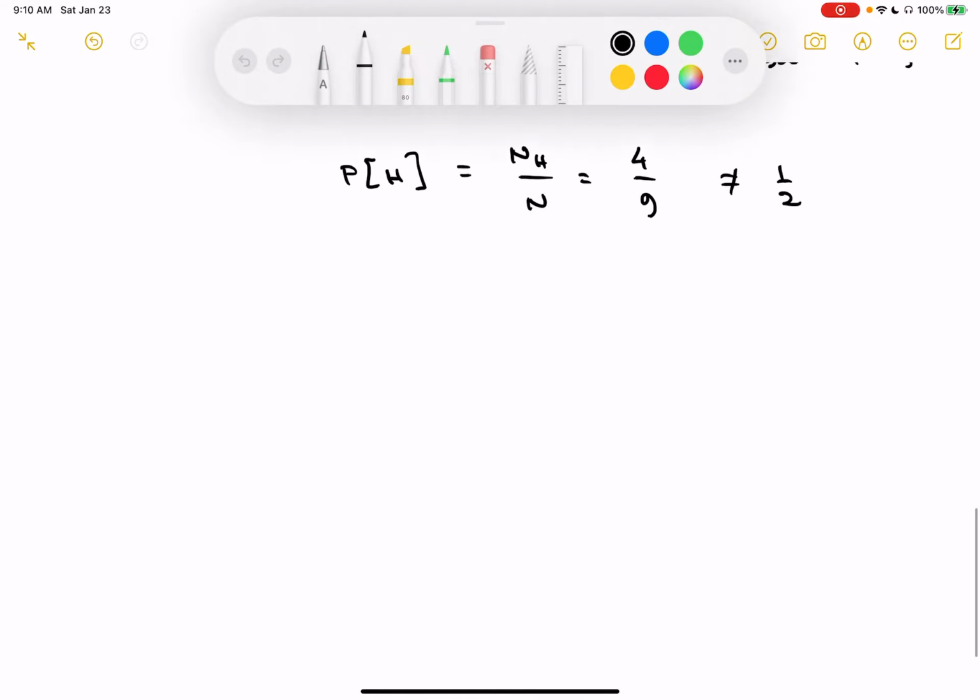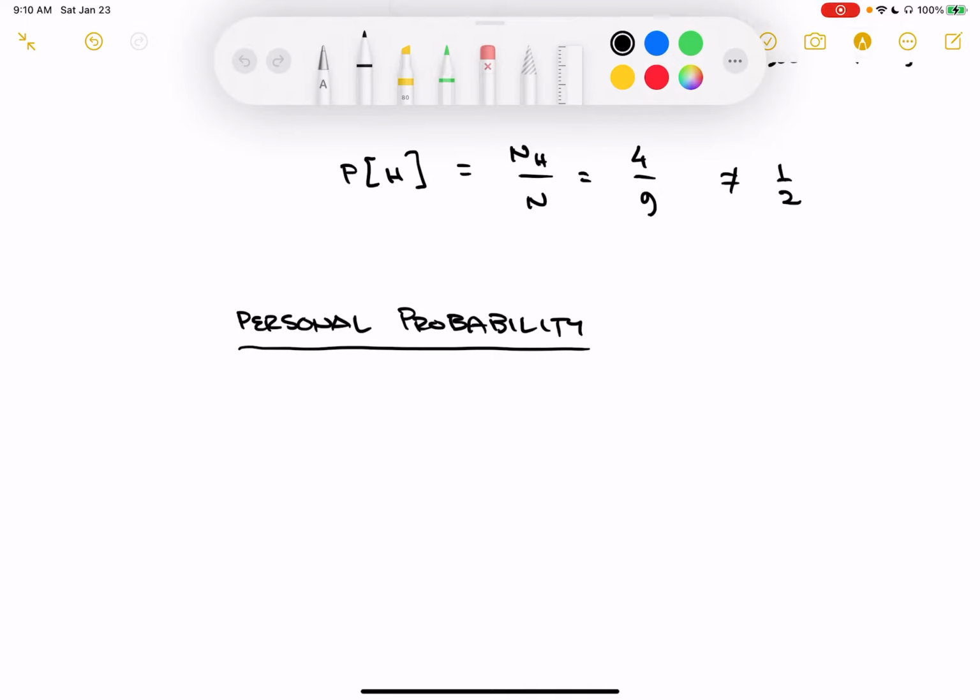There's another one that we can look at. This one's probably dangerous, but it also has its own unique characteristics that can be useful on occasion. I'm going to call this one the personal probability method. With personal probabilities, we don't divide the experiment up into equally likely outcomes.